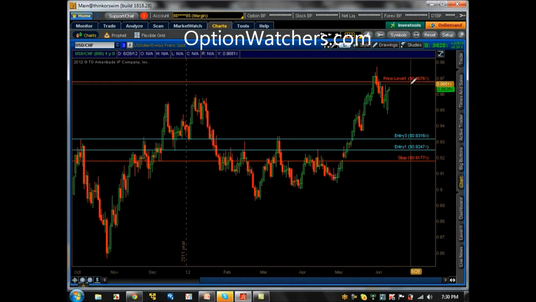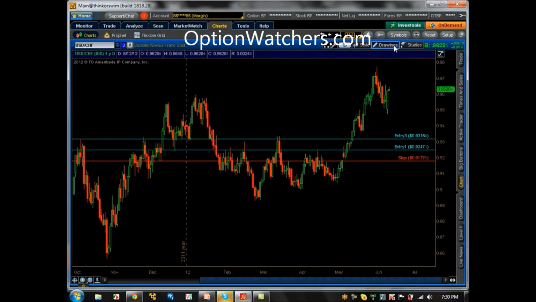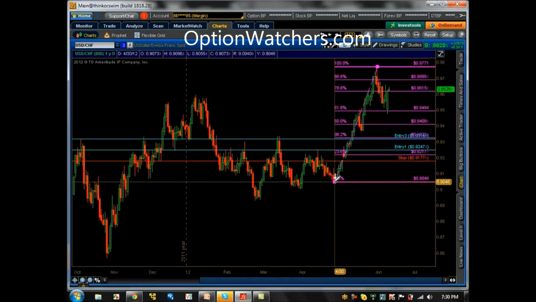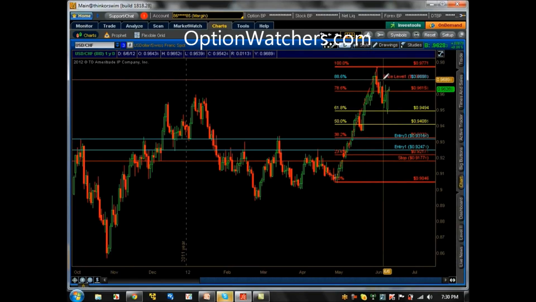So let's look at this. Let's map it out exactly to a T and watch this. So let's go get my retracement tool. Let's say that basically this entry 3 was using this one, right? So I'm going to draw this, and I'm going to sit there and say my worst case scenario is it gets to 88.6.